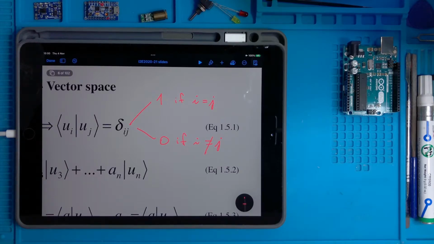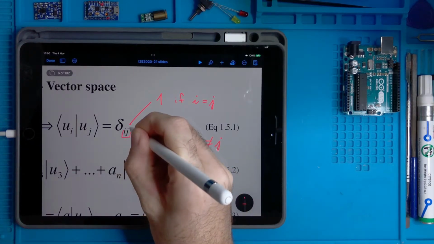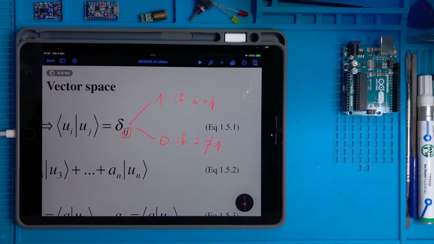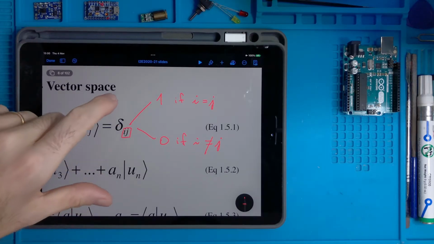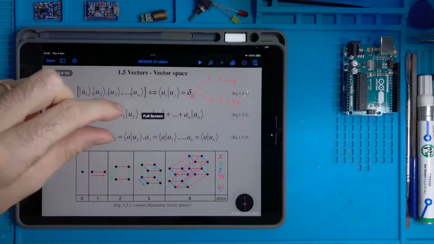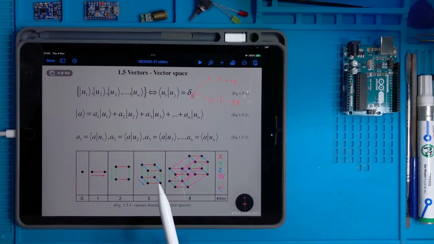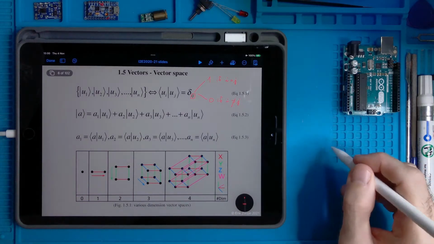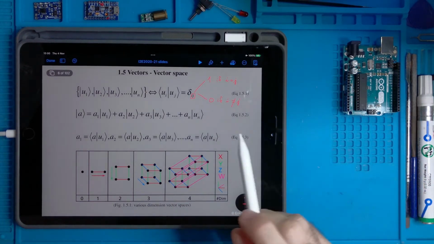So it's a number having two possible values depending on the values of those two indices. So again, it's just a symbol to write long things in a short way.